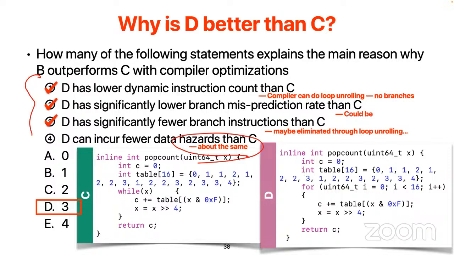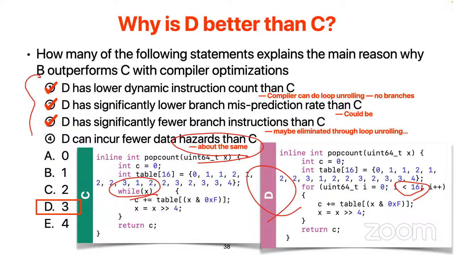My conclusion for version D: as long as you give more hints to the compiler, it can do a fairly good job optimizing the code for you. What are the hints? For example, can you make the number of iterations predictable? Like this one is totally unpredictable. But if you make it predictable, the story would be different.